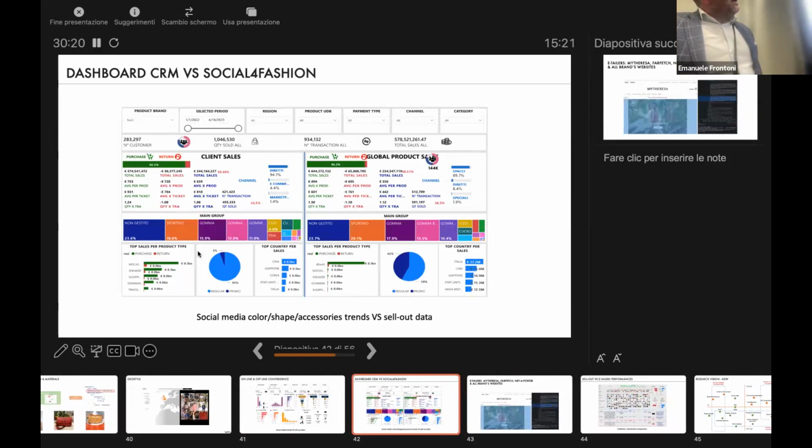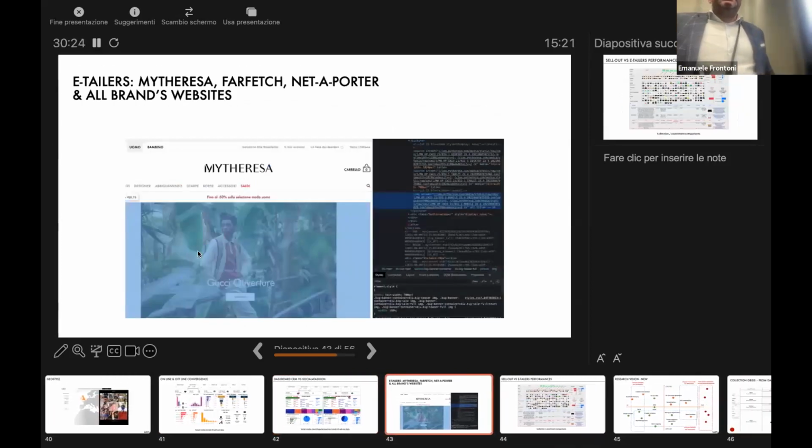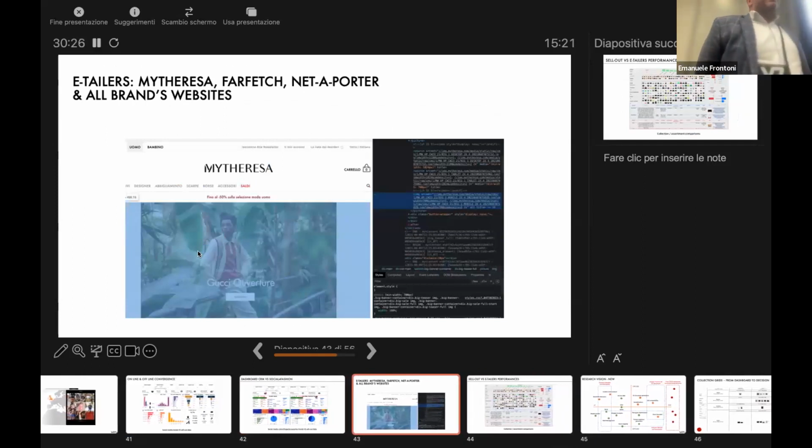And to tell you a little bit more about our experiences, the other point in our story is to trust a lot on retailers. You see here, the example is the one of Mytheresa. If you go there and perform some web scraping, you can collect a lot of images from different brands.